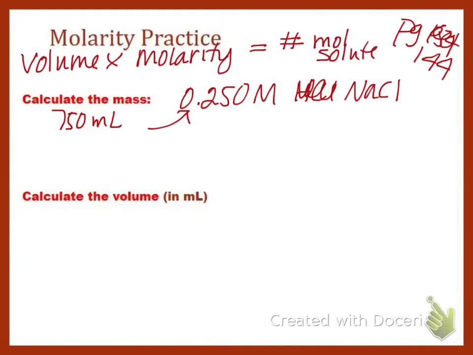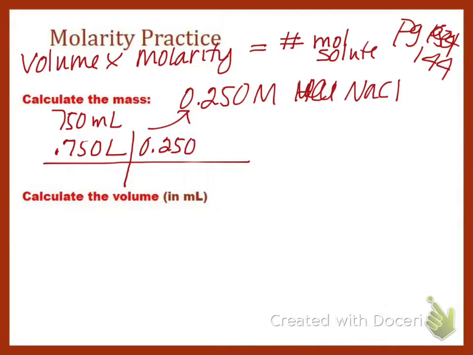So I know I need to be in liters, so I'm going to start with 0.750 liters. I want to get rid of liters, so I'm going to put my molarity here, because remember, big M means moles per liter. So now I have crossed out liters, and now I'm in moles, and how do I get from moles to grams?